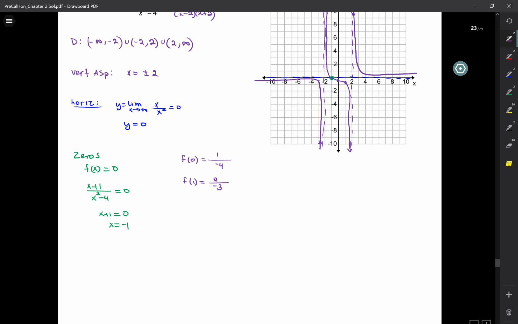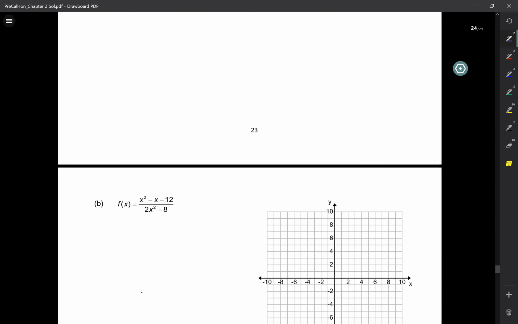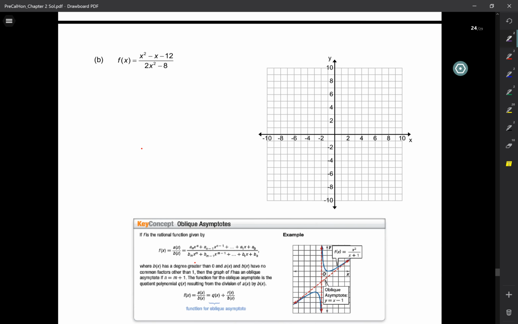All right. So let's do one more. To get a really accurate picture, let's factor everything here. x minus 4, x minus 3, and here, this is 2 times x squared minus 4, which is 2 times x minus 2, x plus 2.